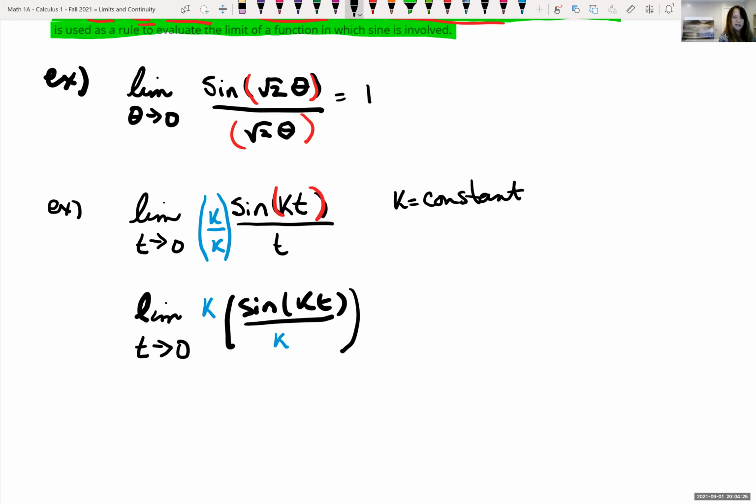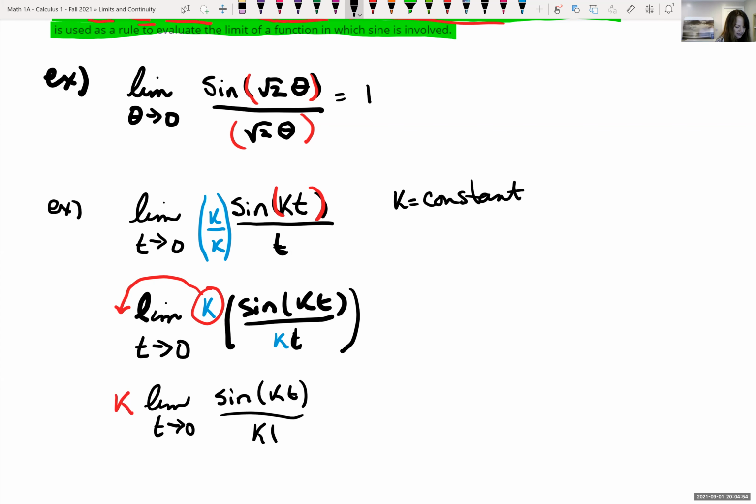All we're going to do is bring our coefficient in front, and say this is the same thing as k times the limit as t goes to 0 of sine of kt all over k times t.